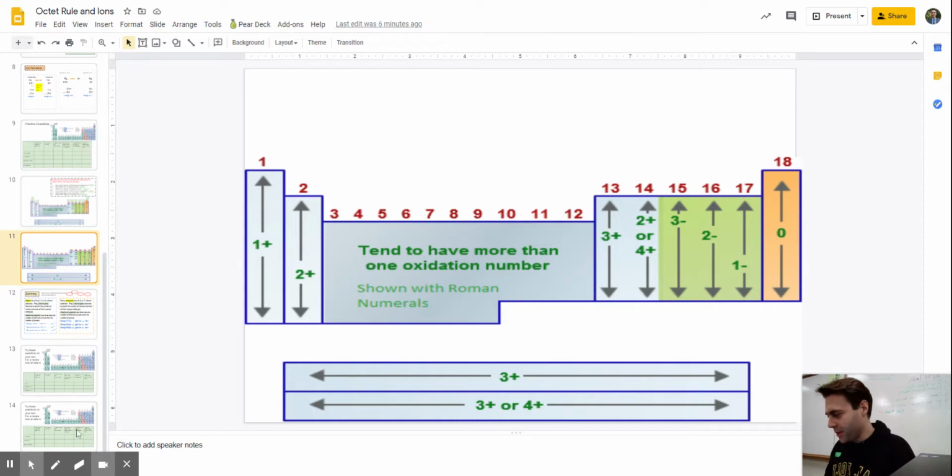So what I want to introduce now is a different way of talking about the group. So this is a different group number system.